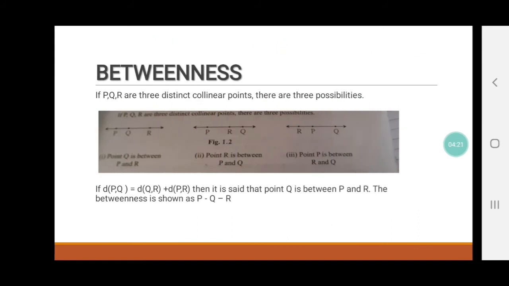Betweenness now. When I am talking about betweenness, what do I mean? If 3 points are given to us and if they are collinear, then there are 3 possibilities.